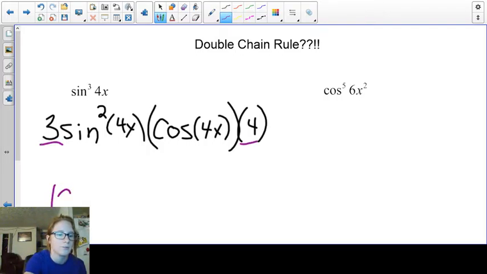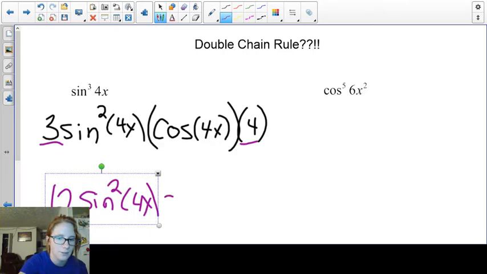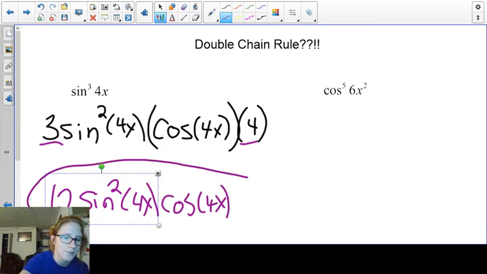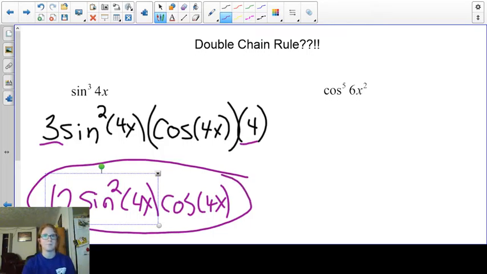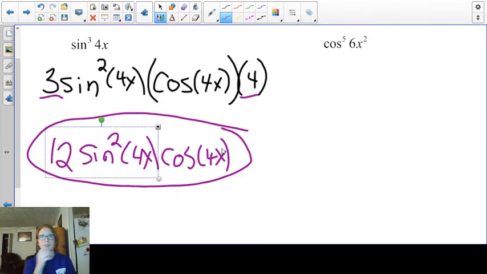That's 12 sine squared of 4x cosine of 4x. And that's all I can do on that problem. There's nothing else I can multiply in or change to make it any simpler. That's simplified.